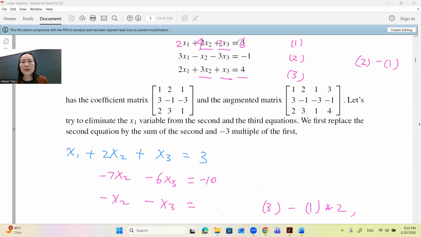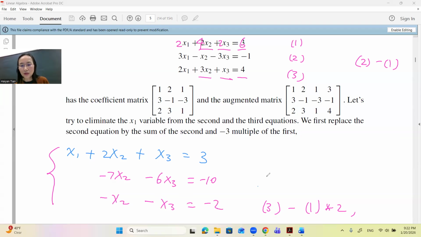And this 4 minus 6 will be negative 2. So now I have a new system, and the next two equations are no longer involving x1. We actually achieved the elimination of the x1 variable from the second and third equations.